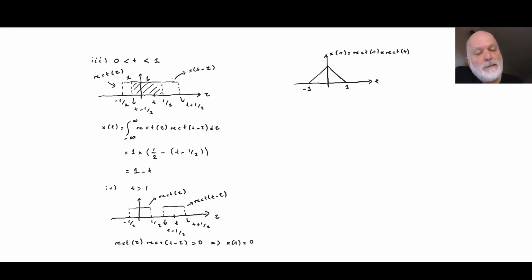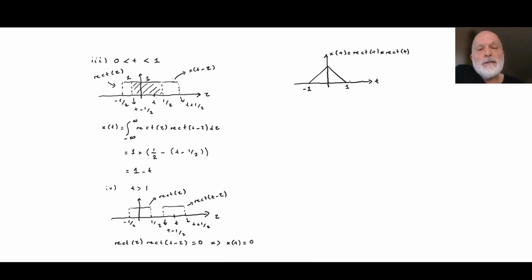For t between minus 1 and 0, the value of the convolution integral is t plus 1. So this is the graph of t plus 1. And for t between 0 and 1, we have 1 minus t. So this is the graph of 1 minus t. Therefore, we have this result. So the convolution of rect t with itself is equal to this triangular pulse.